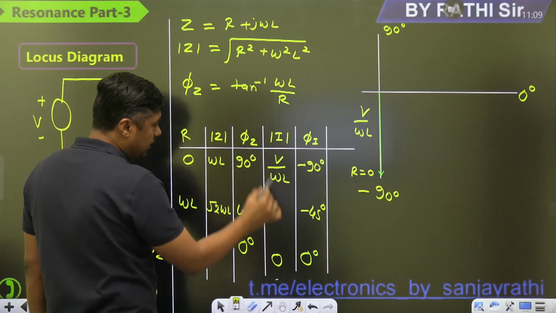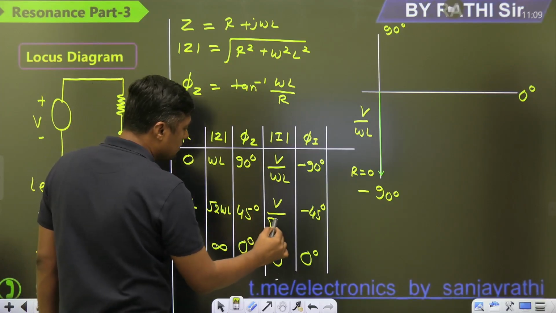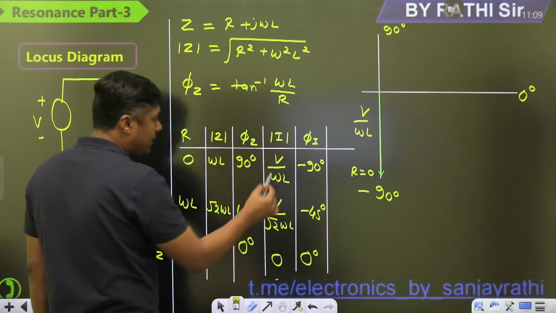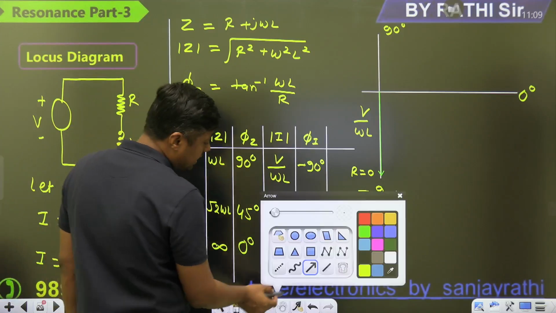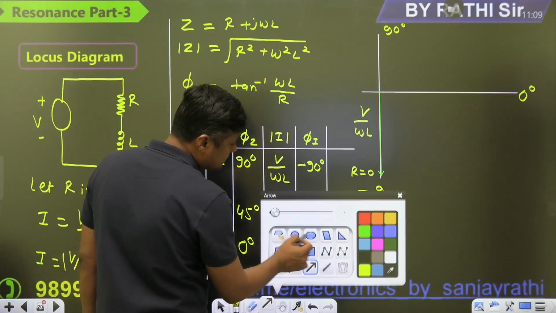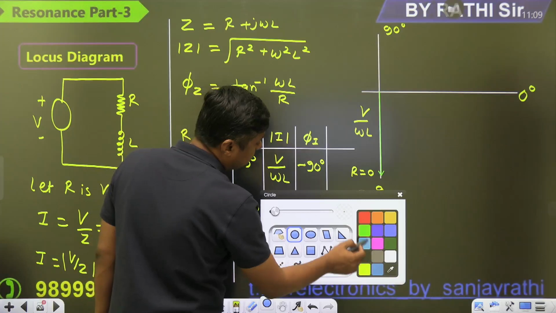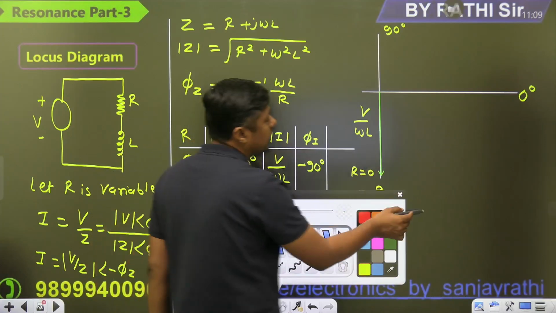So current will become V by root 2 omega L, means 1 by root 2 of the maximum. Again you can draw a semicircle, guys. In which quadrant? In the fourth quadrant.